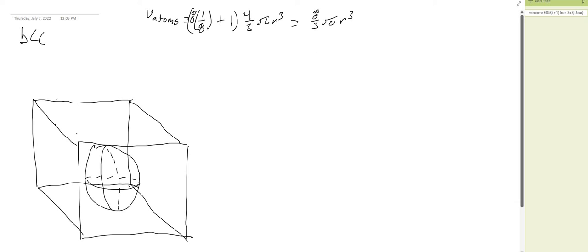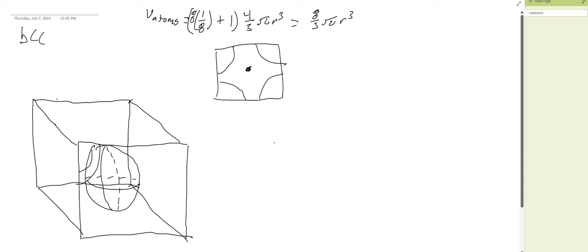Now we need the volume of the cell, and this is where things begin to get tricky, because we are no longer touching through the face. This one doesn't even really come out to the face. If I were to draw it like this, these aren't touching, right? And this atom is back in there.